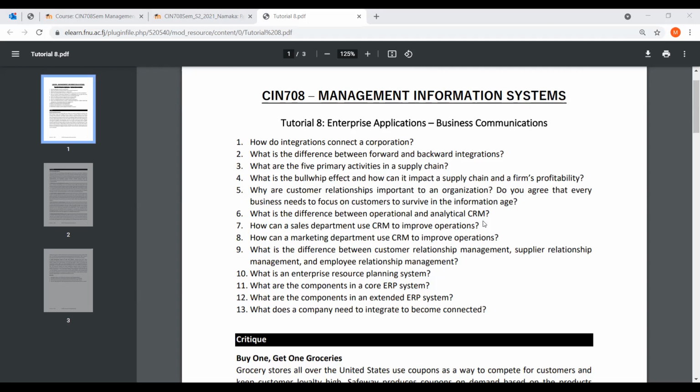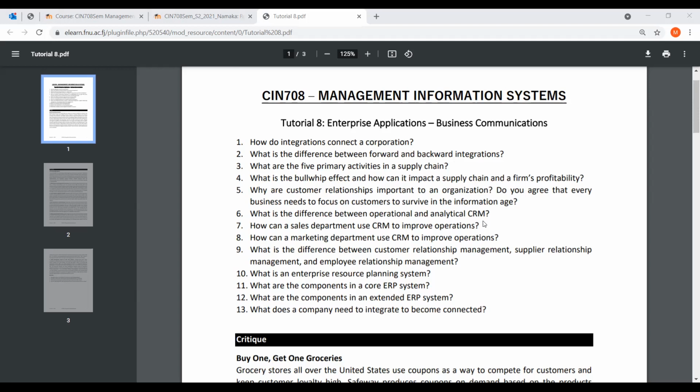Question number 6, what is the difference between operational and analytical CRM? Question number 7, how can a sales department use CRM to improve operations? Question number 8, how can a marketing department use CRM to improve operations? Question number 9, what is the difference between customer relationship management, supplier relationship management, and employee relationship management?